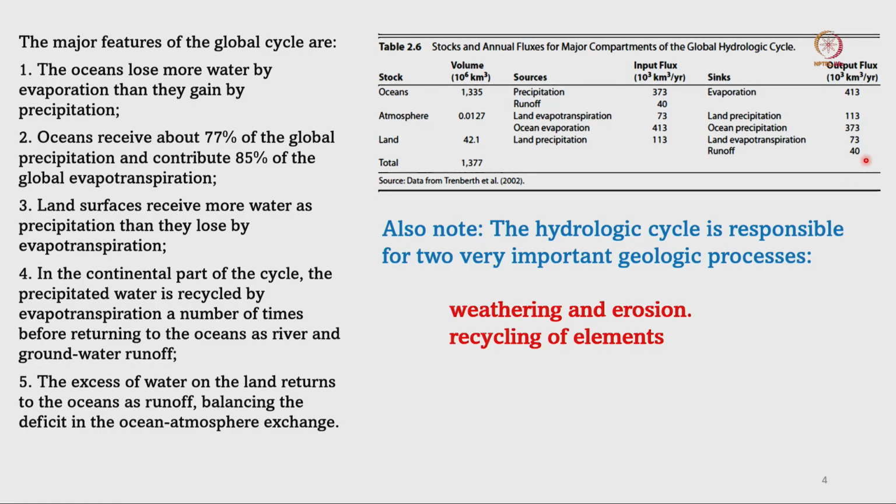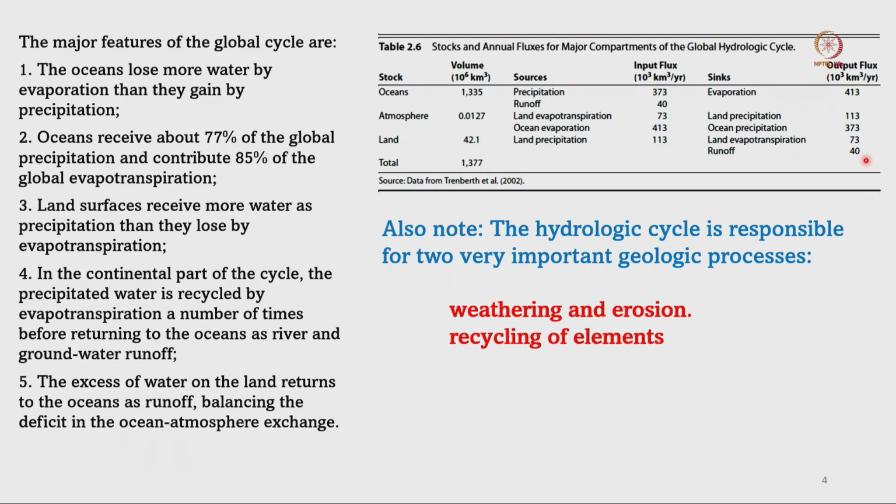So, there is a difference between the amount that is evaporating and the amount that they are receiving back directly as precipitation. But does that mean that the oceans are gradually shrinking? No, it does not mean that. It just means that there is a difference generated between these stocks, the amount of water lost by evaporation and the amount of water gained by direct precipitation over the oceans.